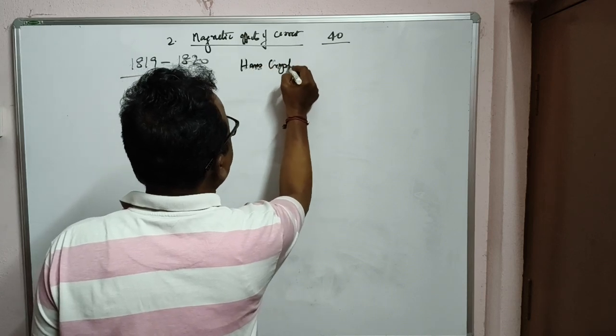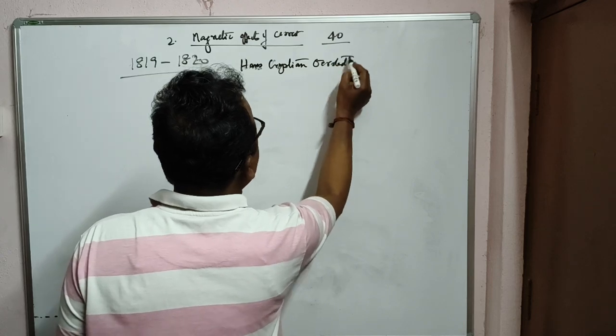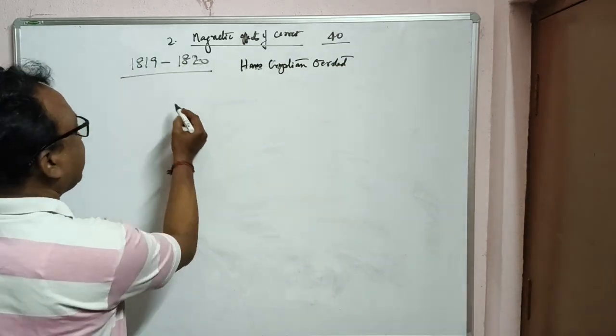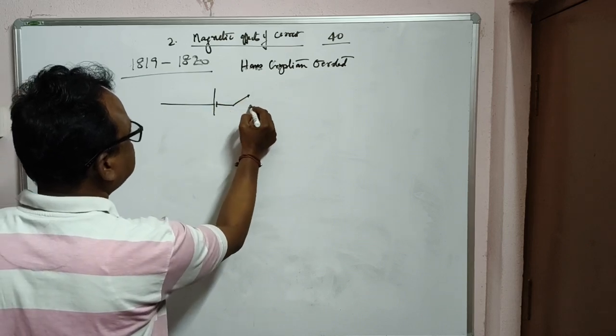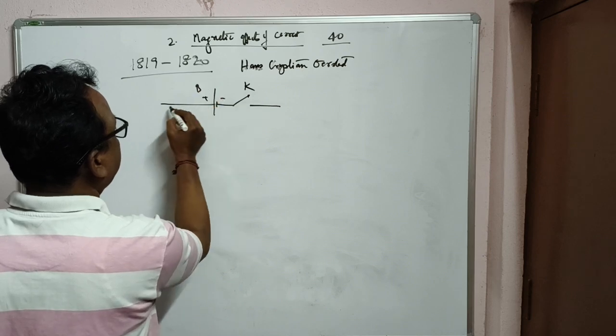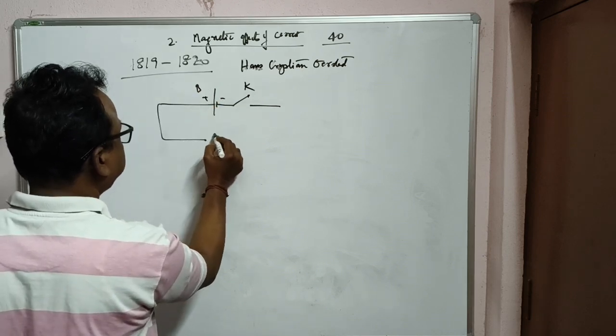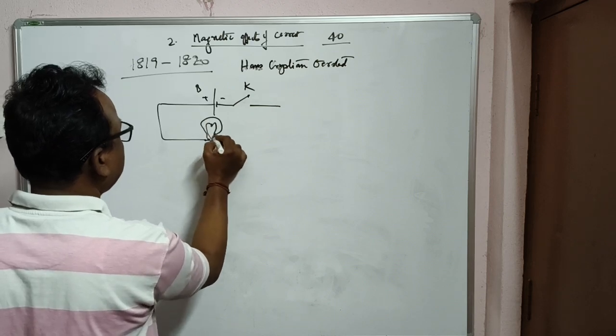Hans Christian Ørsted was explaining in the classroom with a simple circuit, a battery followed by a plug key and a bulb.